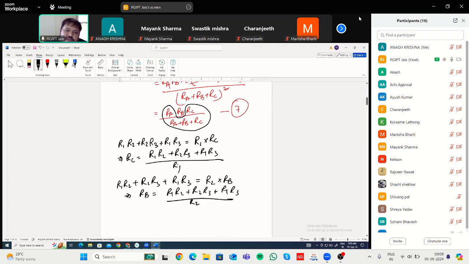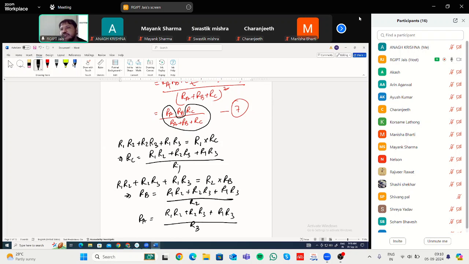Similarly, at the end, RA also you can find it, using equation 3. In this way, using this formula, you can move from star configuration to delta configuration.